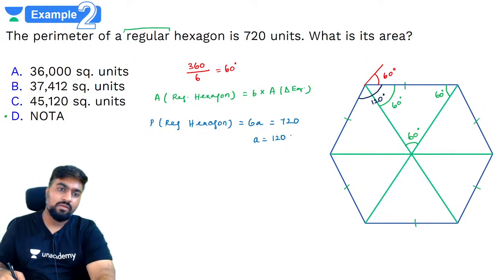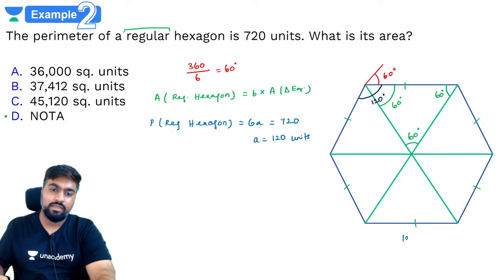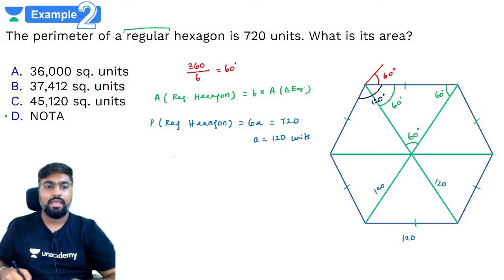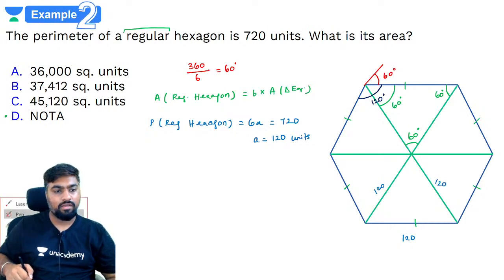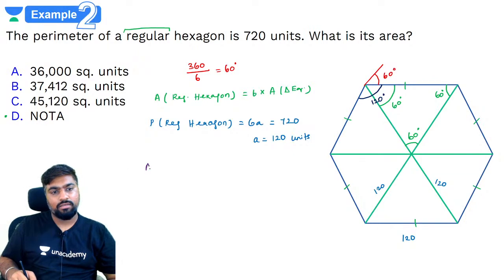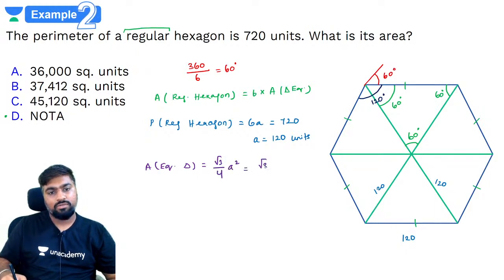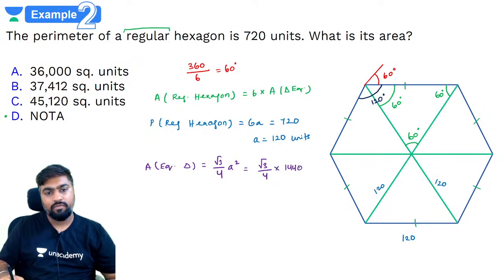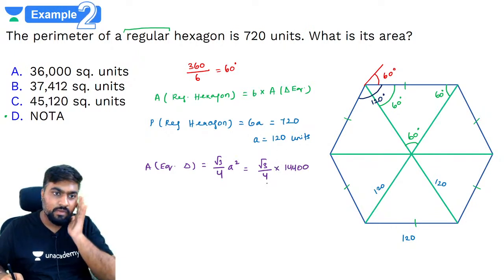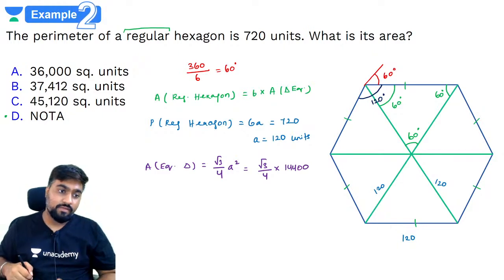So this is 120, this is 120, this is also 120. Then the area of an equilateral triangle is root 3 by 4 a square, which is root 3 by 4 into 120 square, which is 14400. This is for 1.